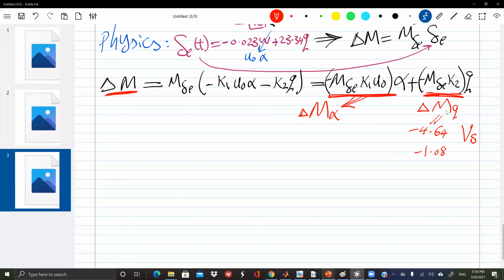MQ is the pitch damping. So originally I had this pitch damping. Now I created virtually pitch damping through feedback by this amount. So the total will be the two added together. So I provided 4 times more pitch damping for this airplane.